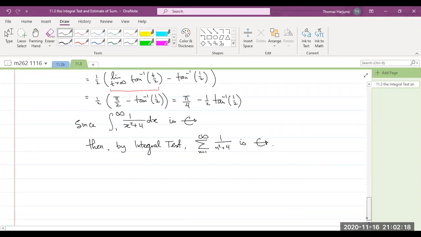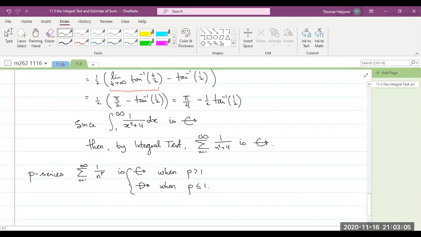The P series, the infinite sum of 1 over n to the p, is convergent when p is greater than 1, divergent when p is less than or equal to 1.